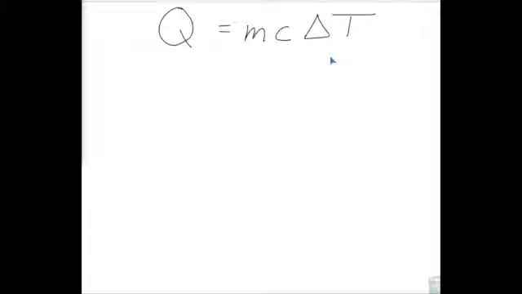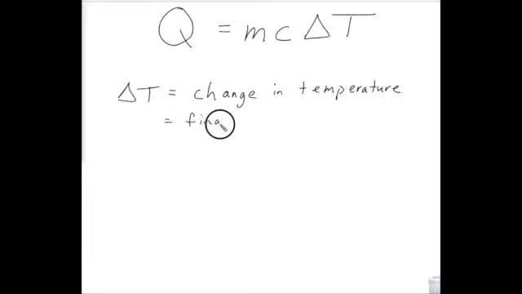Then our last guy here is delta T, and that's a capital T. The capital T stands for temperature. So it's a change in temperature, which is the final temperature minus the initial or starting temperature.